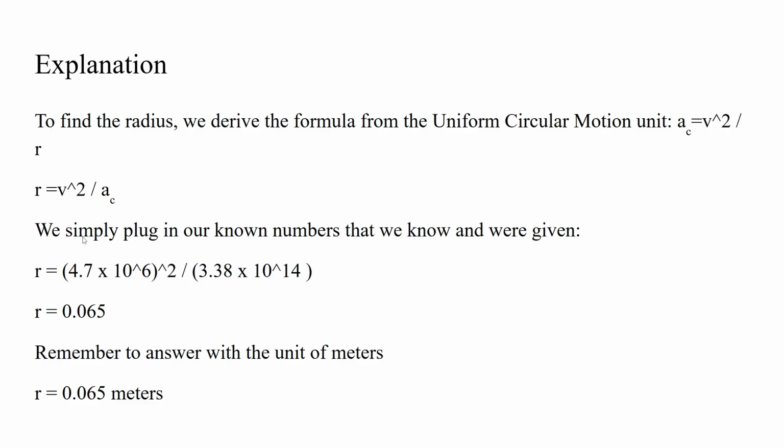We simply plug in our known numbers, which were given in the description of the problem, or we might have already solved for them. R equals V squared, 4.7 times 10 to the positive 6 squared, divided by the acceleration we just solved for, 3.38 times 10 to the 14th. We should get a radius of 0.065. Remember to answer in meters.